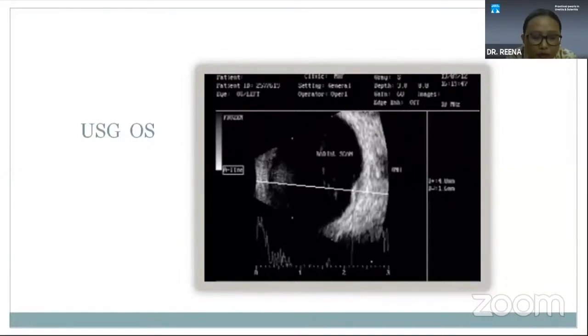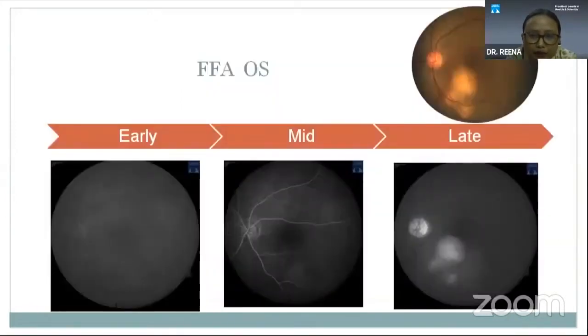The rest of the choroid was normal, and scleral shadow was intact with no obvious extraocular extension of the lesion. On FFA, there was hypofluorescence in the early and mid phase and hyperfluorescence in the late phase, corresponding to the site of the lesion on the fundus photograph.